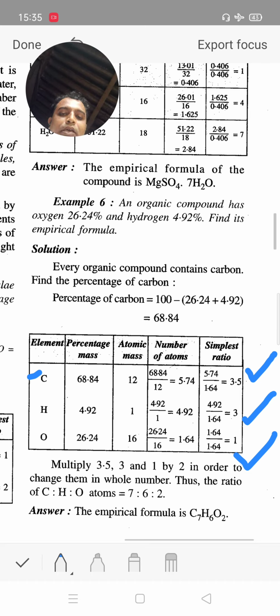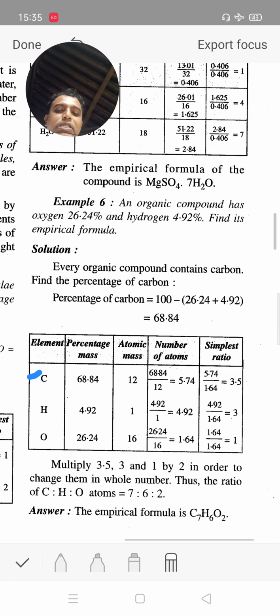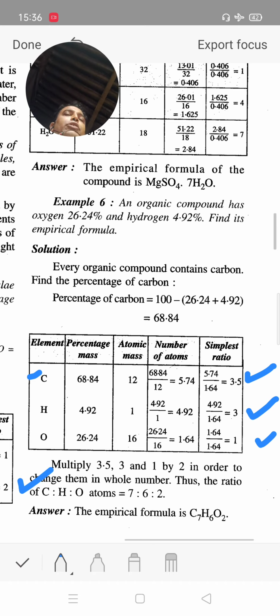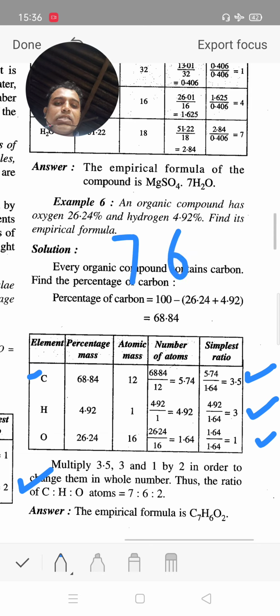Now we always know that we multiply by 2: 3.5 into 2, 3 into 2, 1 into 2, because it must be a whole number. Therefore, multiplying by 2, we get the ratio of carbon 7, hydrogen 6, oxygen 2.